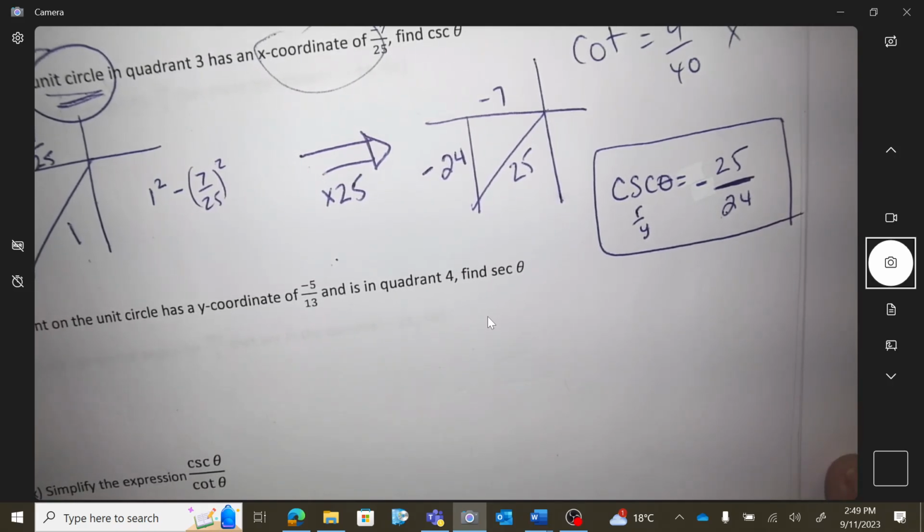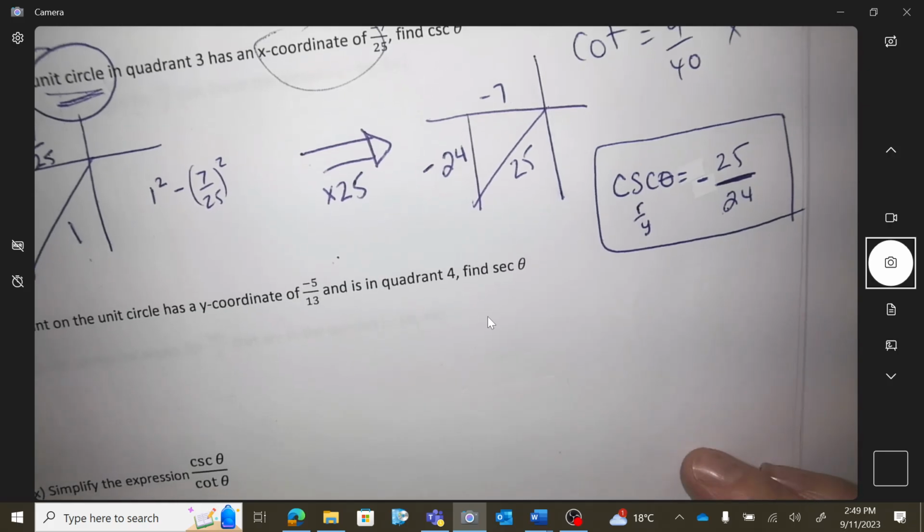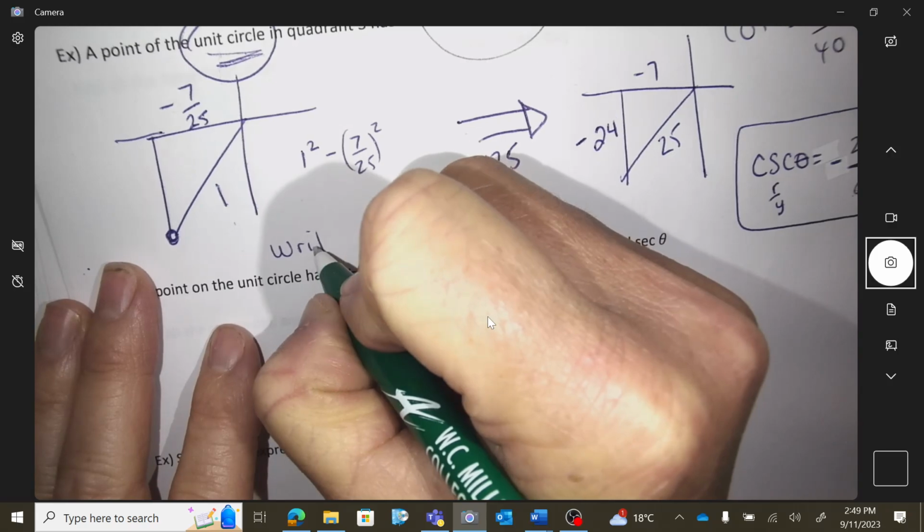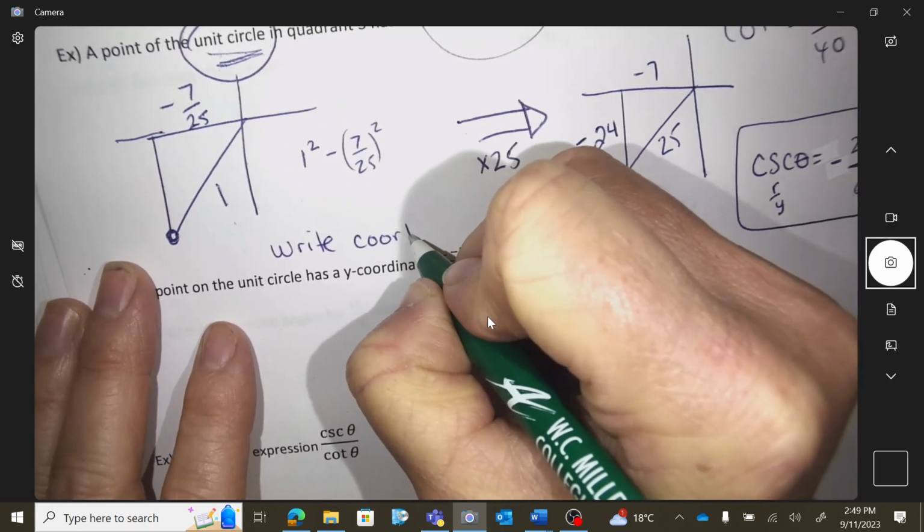Okay, I am just going to go back to one thing on this question. What if I said write the coordinate?